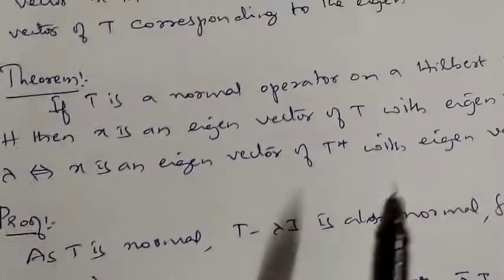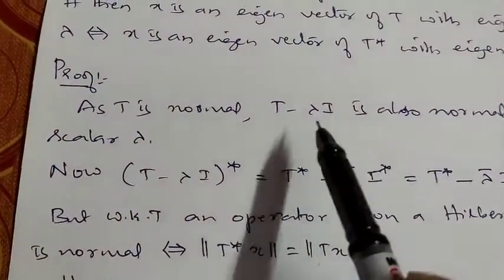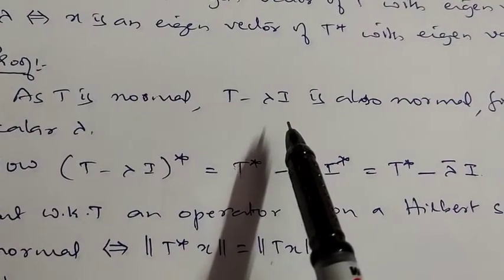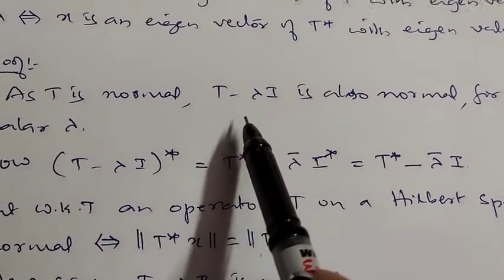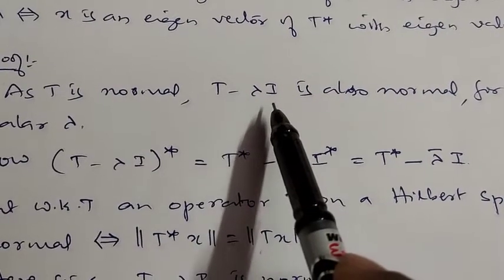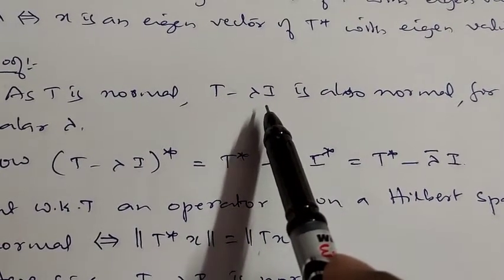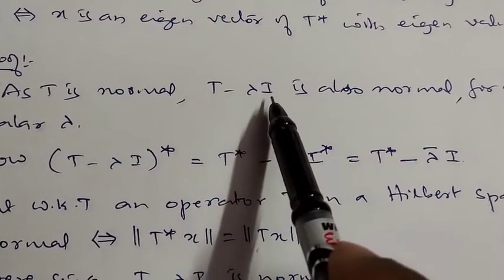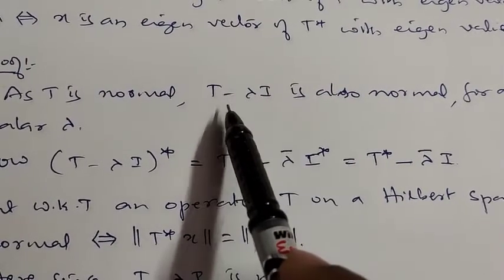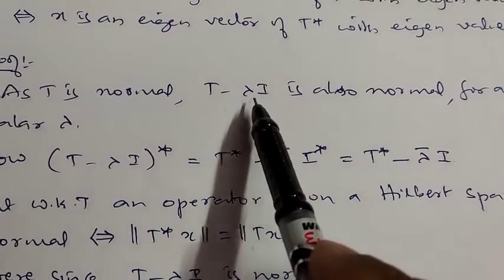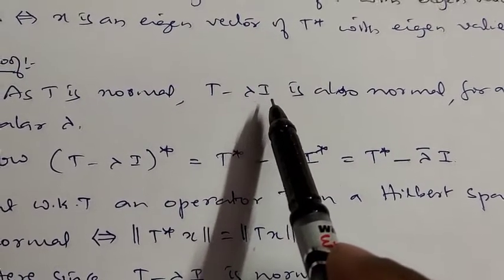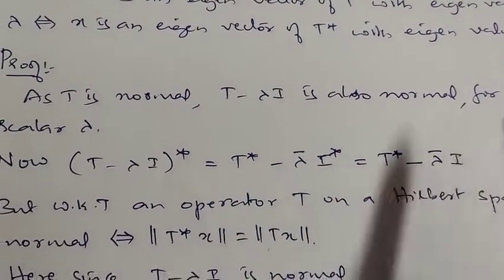Now as T is normal, you know that T minus lambda times I is also normal, because I is also normal. So a linear combination of these two normal operators is definitely normal, because I is normal means lambda times I is normal, and T is normal, so the sum is also normal for any scalar lambda.